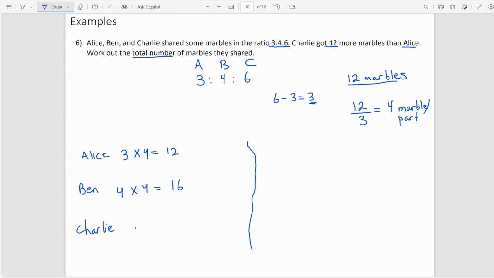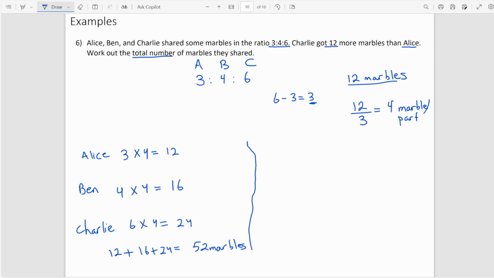And finally, for Charlie, 6 parts multiplied by 4 marbles per part is 24. And then your answer will be adding 12 plus 16 plus 24. I'm going to plug this into the calculator. We get 52 marbles. This is the total marbles that they shared.